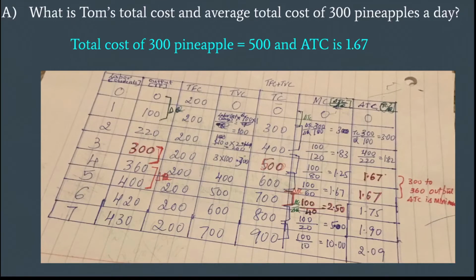If 300 pineapples cost 500, then ATC is the cost of one pineapple, which is calculated by TC over Q, that is total cost over quantity produced. Here TC is 500 and the quantity produced is 300. So 500 over 300 is 1.67, the cost of one pineapple, or the per unit, or ATC, average total cost of a pineapple.